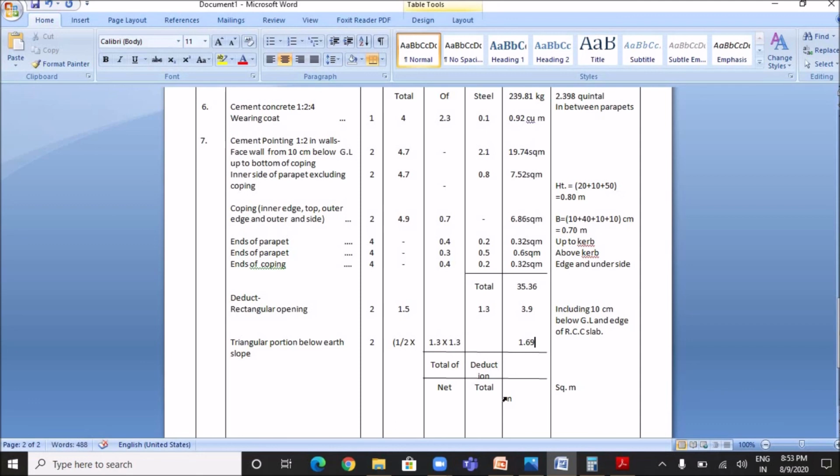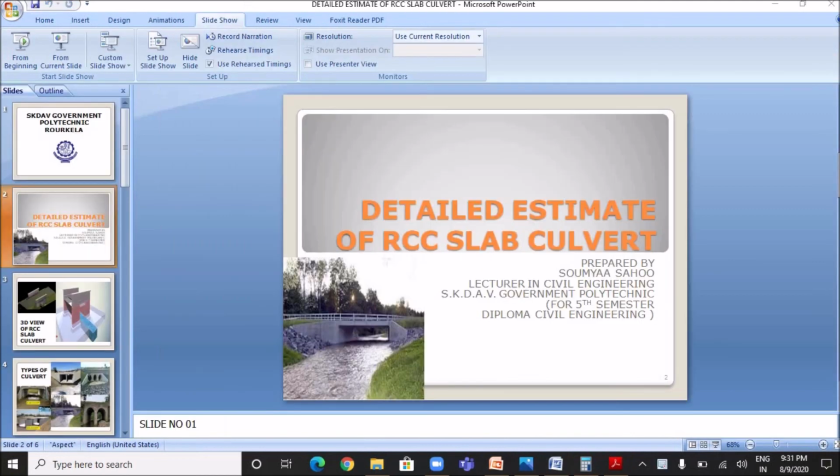Okay, so the total deduction would be 5.59 square meter and the net total will be 29.77 square meter. With this we have completed the detailed estimate of RCC Slab Culvert.